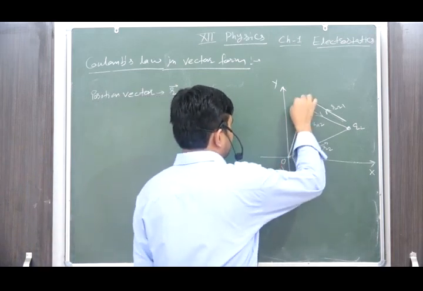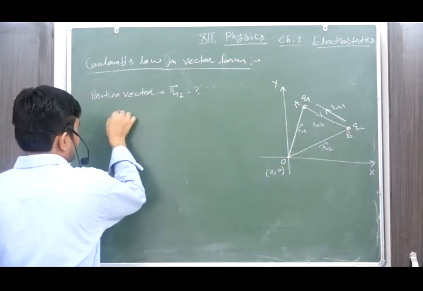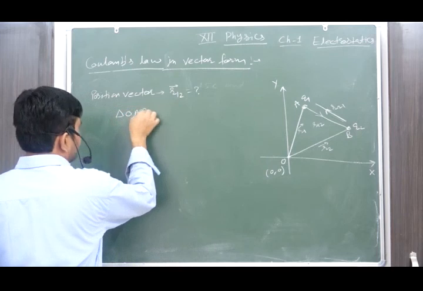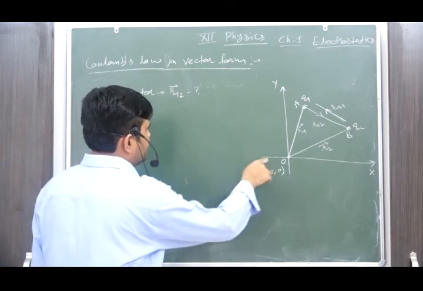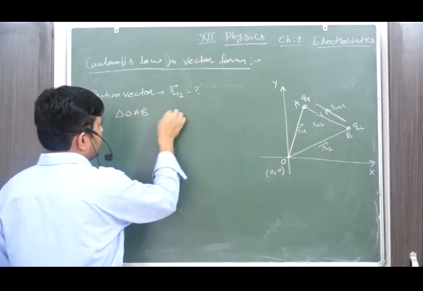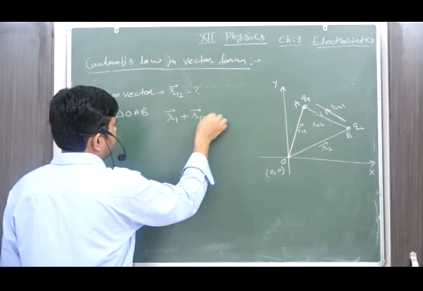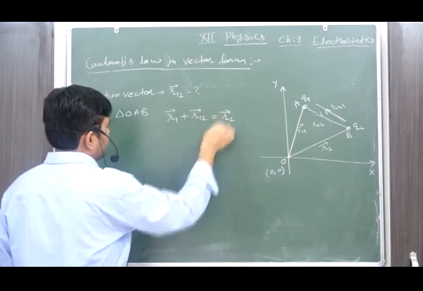It is point A. We are considering the triangle OAB, and as per the triangle law of vector addition, R1 vector plus R12 vector is equal to the R2 vector.